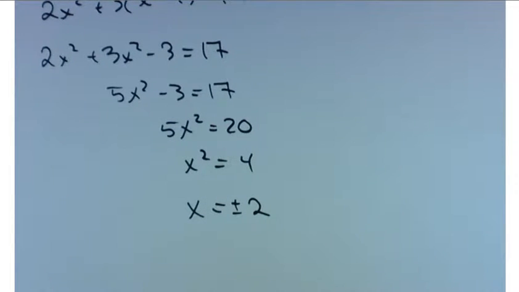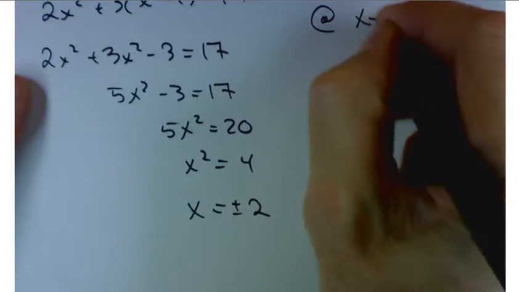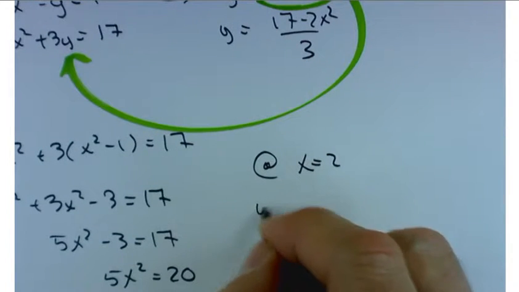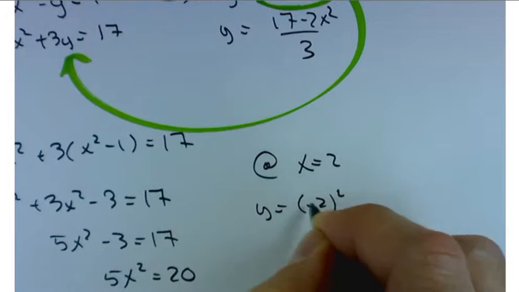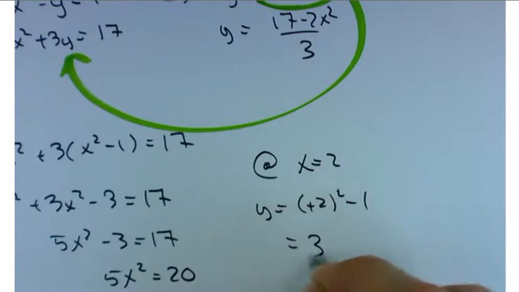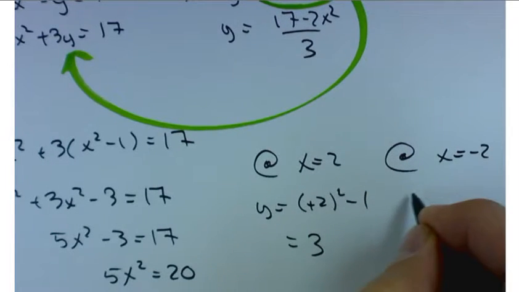Now, it's important to get both solutions because we're going to see that these two curves intersect at two different places. So, at x equals 2, let's figure out what y is going to be. y is going to be positive 2 squared minus 1. So y is going to equal 3. And the same thing is going to happen at negative 2.